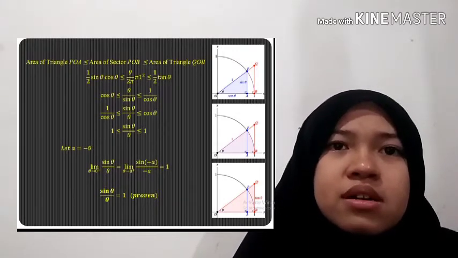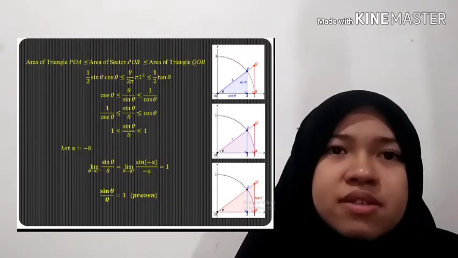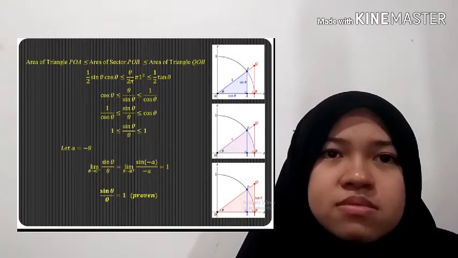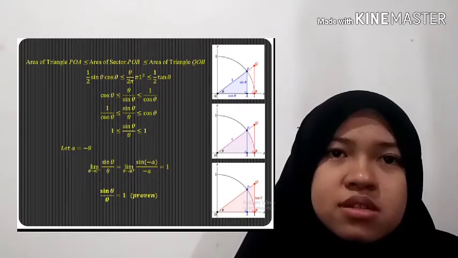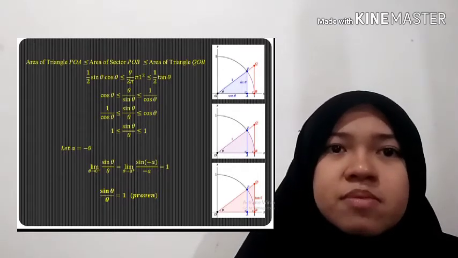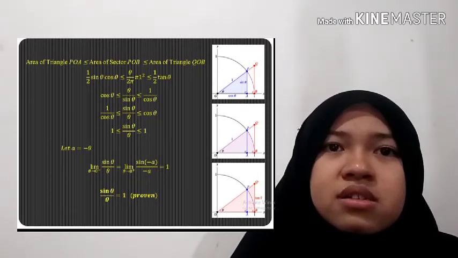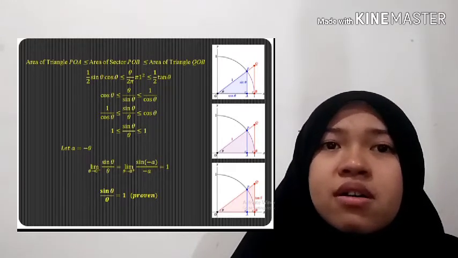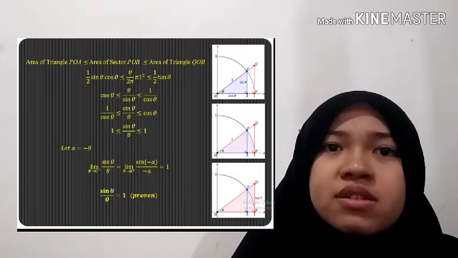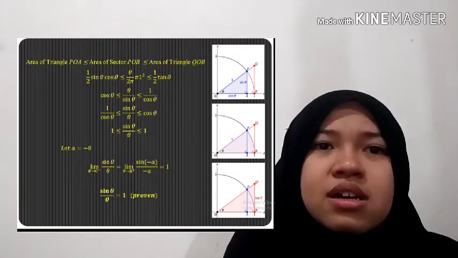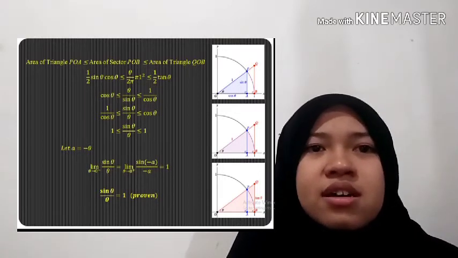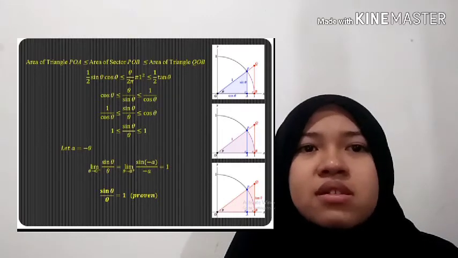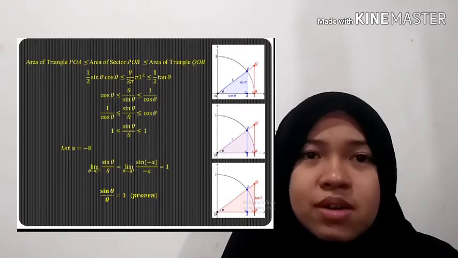Now we have substituted it with negative a, so the approach also changed to 0 from the positive side. The limit as x approaches 0 of sine x over x is equal to 1. So the limit of sine of negative a over negative a is equal to 1. The limit from the right and the limit from the left are equal. So the limit of sine theta over theta is equal to 1.